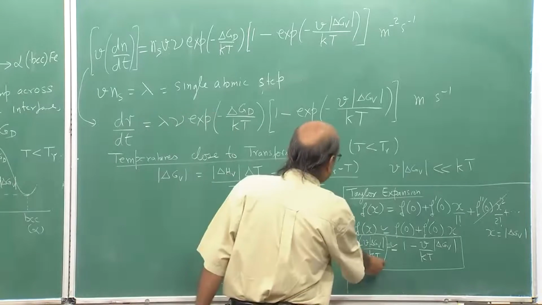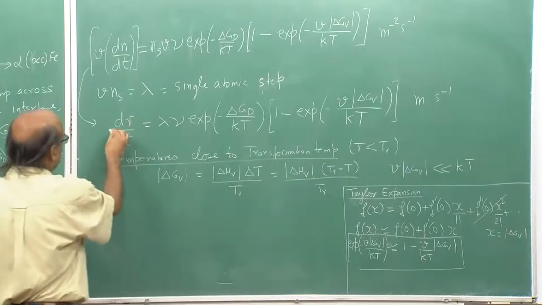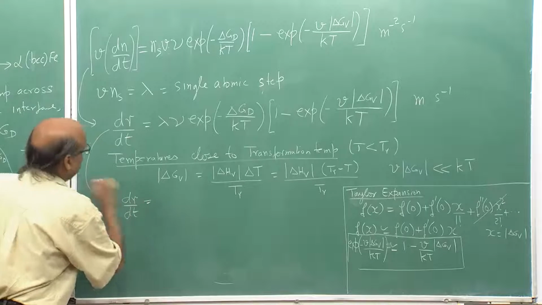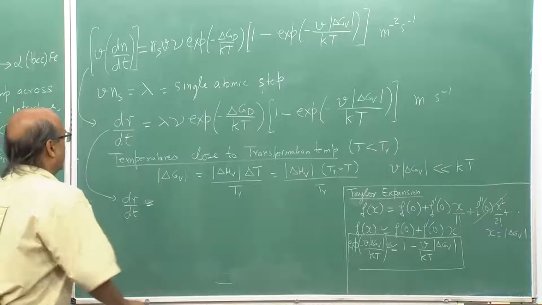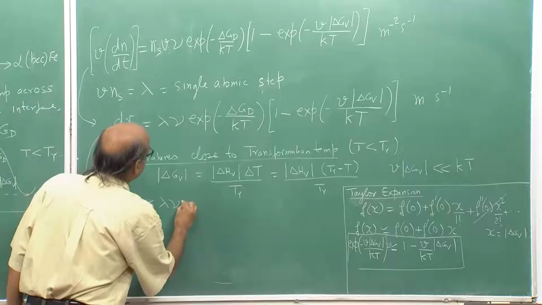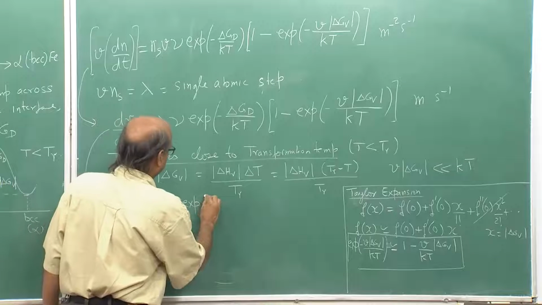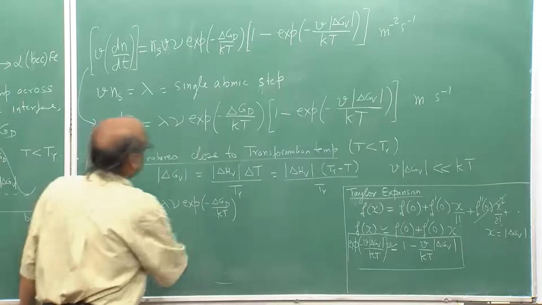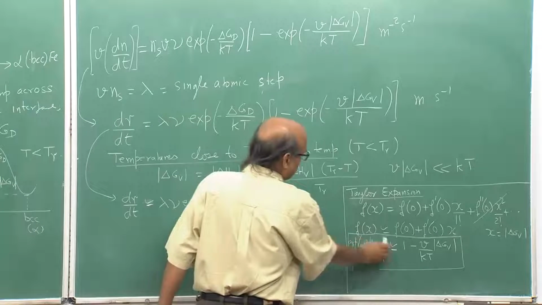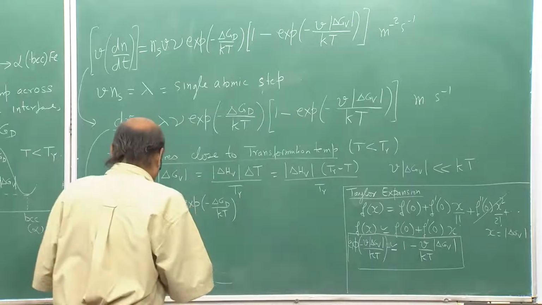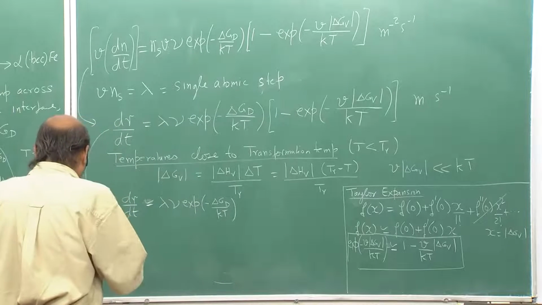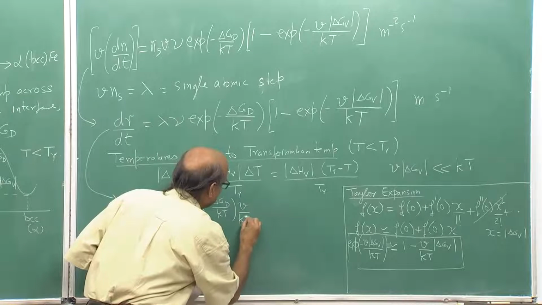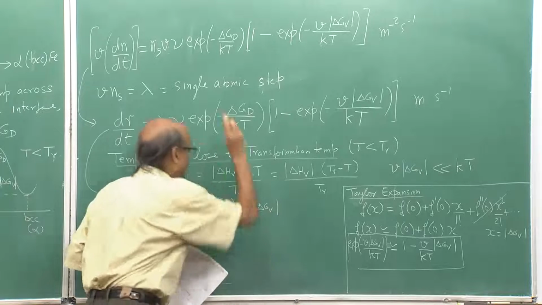If I substitute now this approximation into this, my rate of growth dr by dt can be approximated as lambda nu exponential minus delta GD upon kT, and we substitute this expression into this, and one would get the term v upon kT times delta GV.